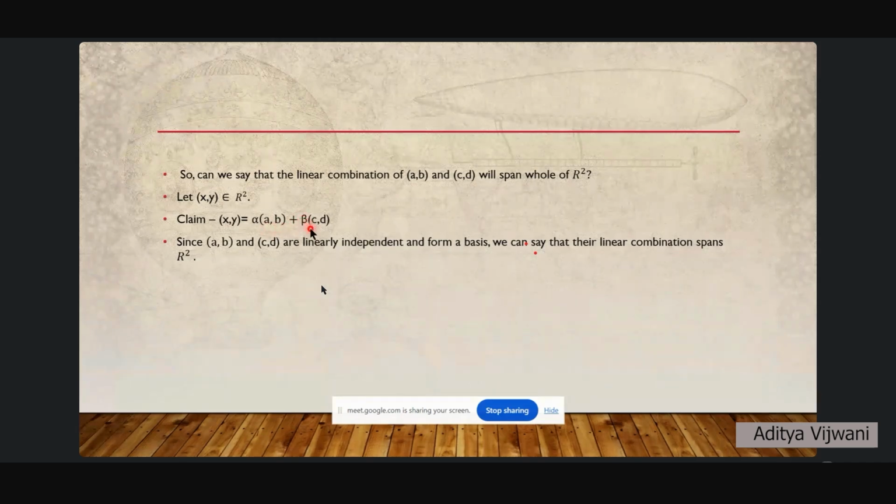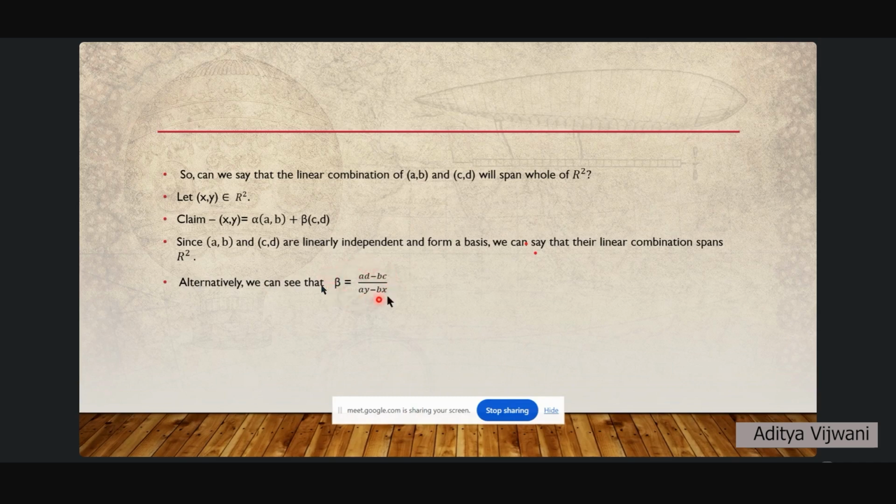But an alternative way to look at it can be: if I solve this, I'll get an equation which can be written as beta equals (AD minus BC) upon (AY minus BX). If you just open and solve this, you'll get this. So here, what can you say?